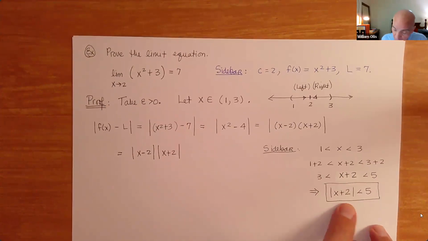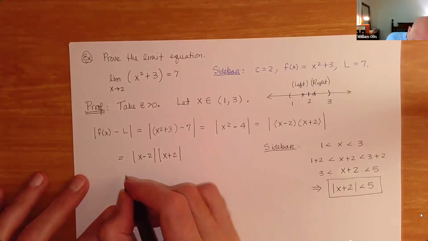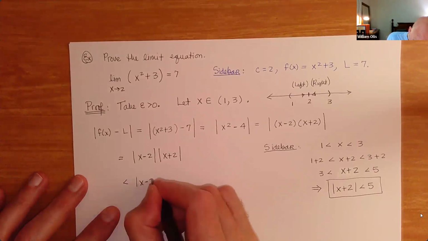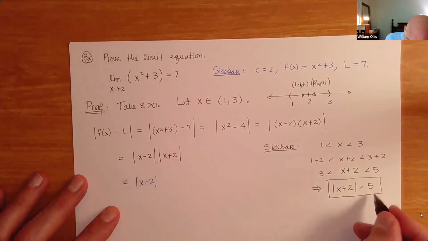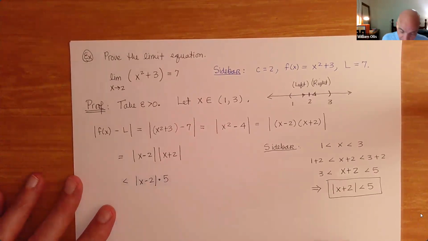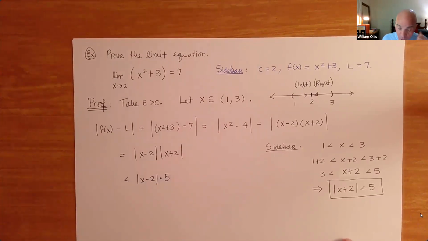Now we look at this and say this gives us an estimation. So here we have what? The absolute value of x minus 2 less than, and then we have an upper bound of 5, so we can have times 5. This was just like before when we were working the problem. This is the x minus c, which we need.